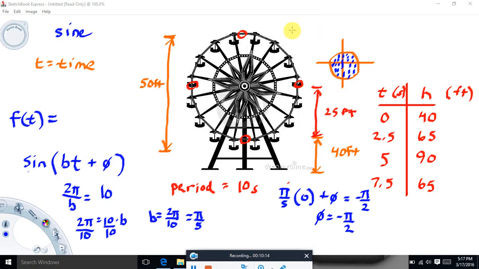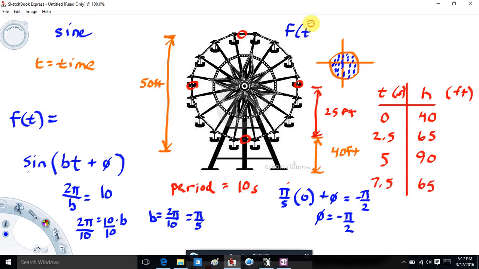So the equation is going to be f of t equals, we know we have sine of pi over 5 times t minus pi over 2.